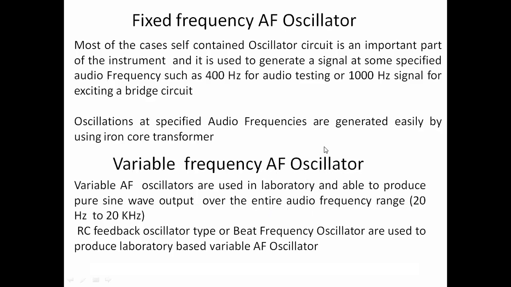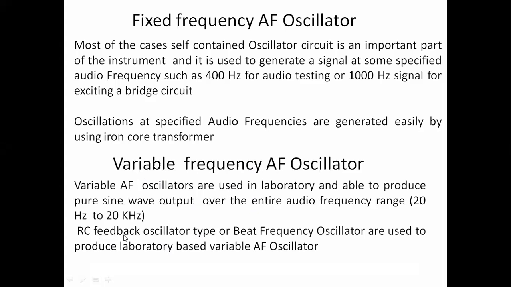By using this oscillator, we can generate signals within the frequency range of 20 hertz to 20 kilohertz. Generally these are used for laboratory applications, with a variable frequency range.